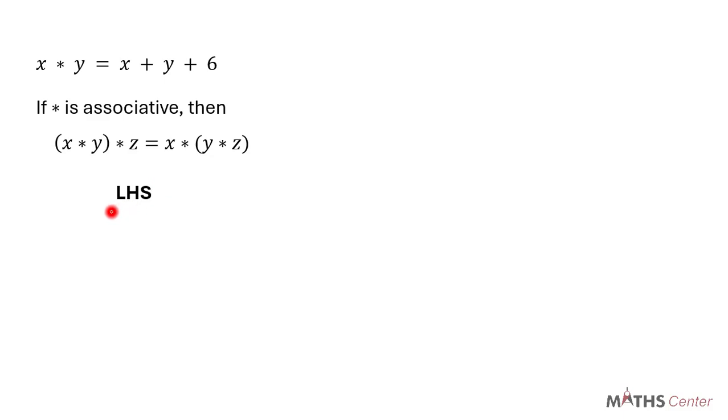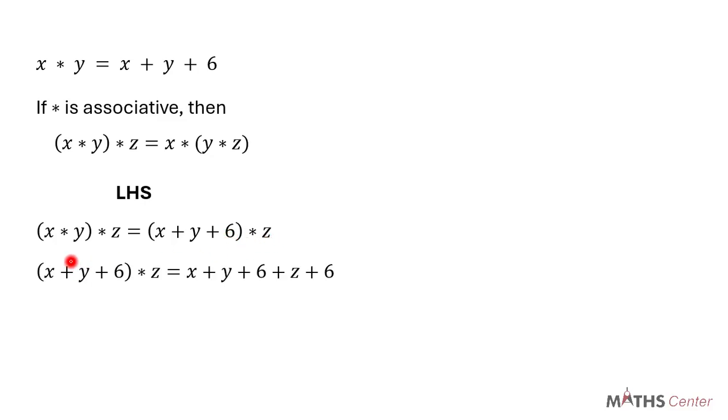Let's begin with the left hand side. On the left hand side, we have (x star y) star z. The question tells us that x star y is x plus y plus 6. So (x star y) star z will be equal to (x plus y plus 6) star z. We can now compute this. By comparison, x plus y plus 6 becomes x and z becomes y.